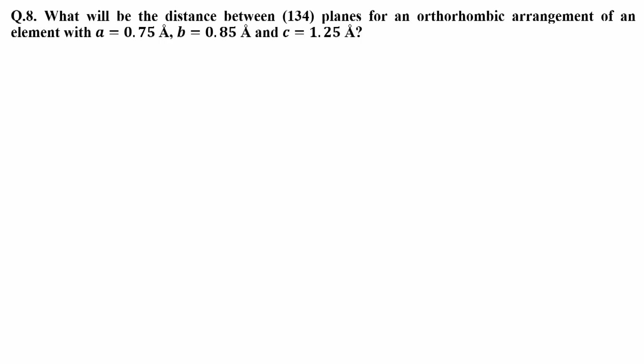Move to problem number 8. It says, what will be the distance between 1, 3, 4 planes of an orthorhombic arrangement of an element, A equals 0.75 angstrom, B is 0.585 angstrom, and C is 1.25 angstrom. Okay. So for a crystal, 1 by d square HKL is h square by a square plus k square by b square plus L square by c square, right.